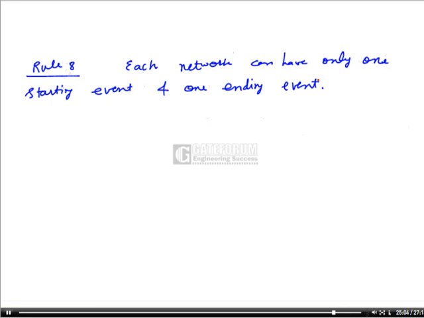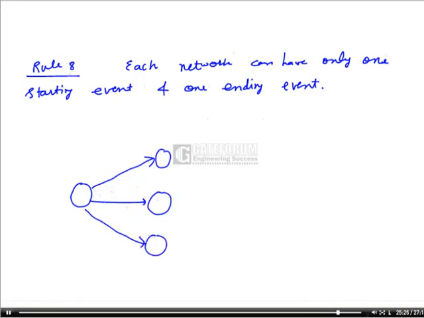For this, we will follow the Fulkerson rule. Different events are drawn like 1, 2, 3. Suppose we have been given some activities. The starting event is labeled as number 1.